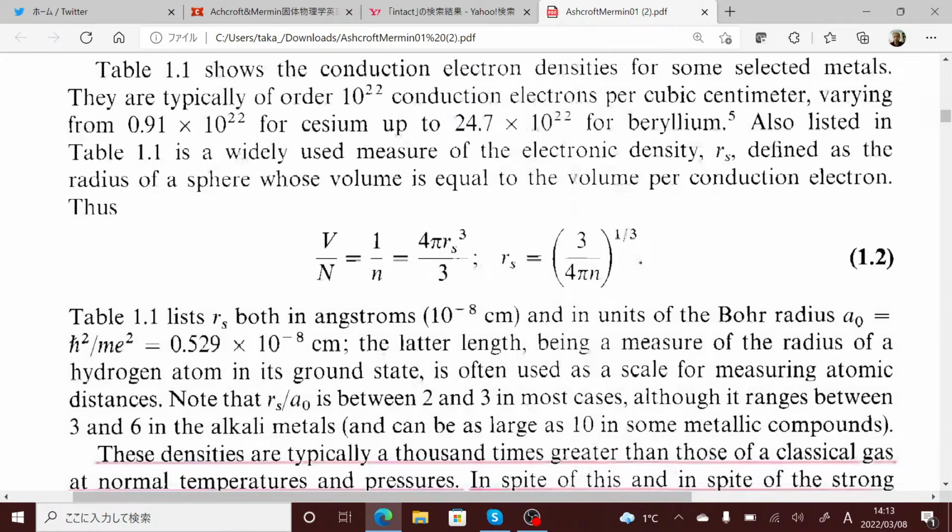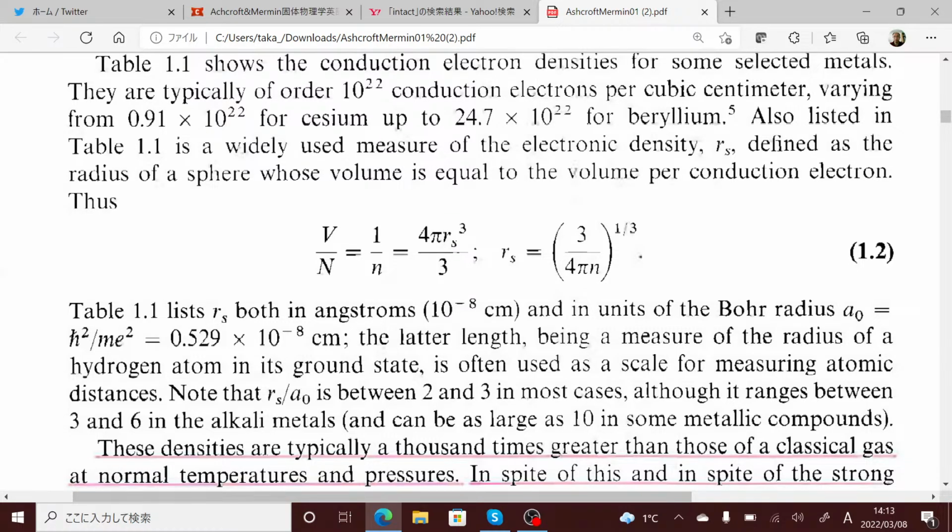Thus, V over N equals 1 over n equals 4 pi r_s cubed divided by 3, so r_s equals (3 over 4 pi n) to the power 1/3.